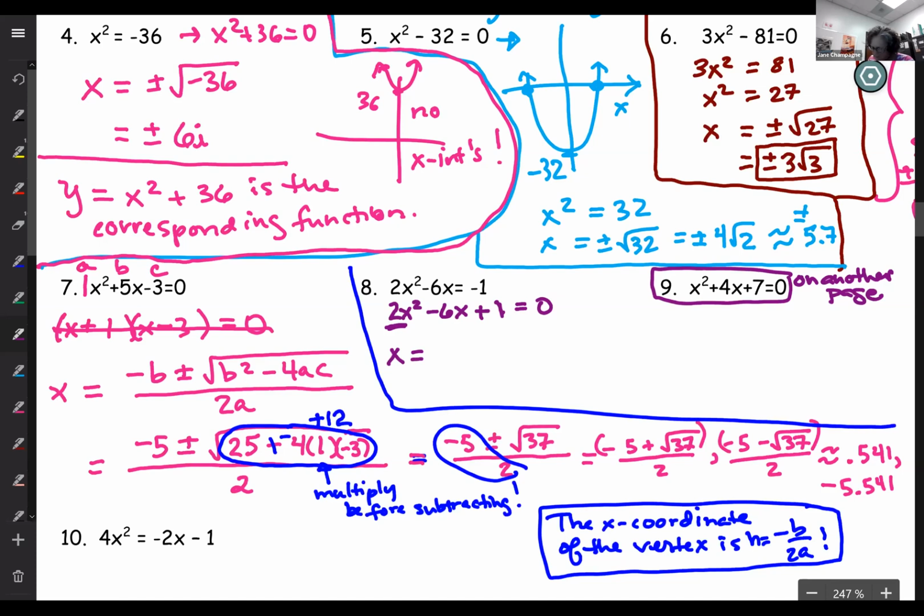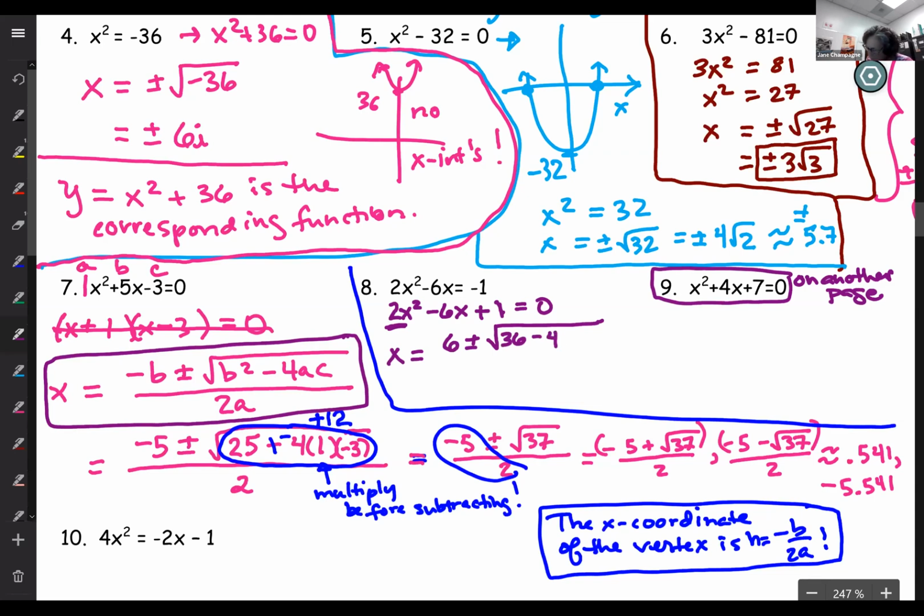Negative b, I've got it right here, so I'm not going to write it down again. Negative b would be a positive 6 for this one, right? Plus or minus, big square root. B squared is 36. That b squared is always positive.